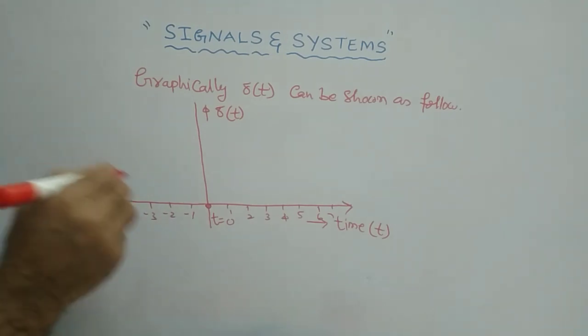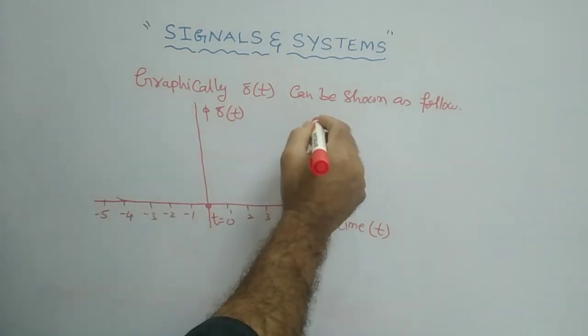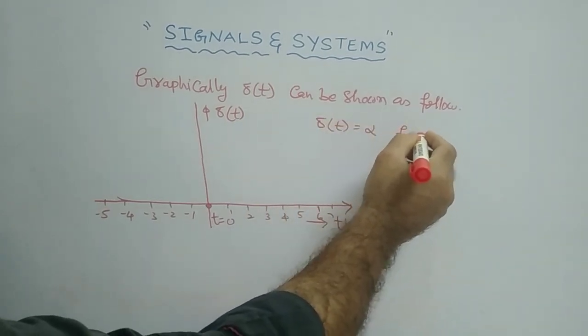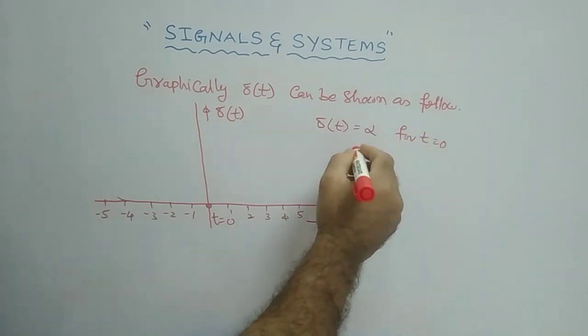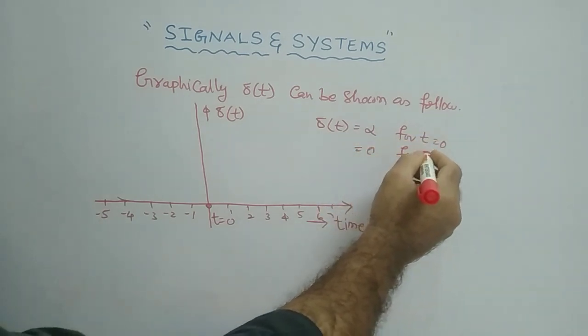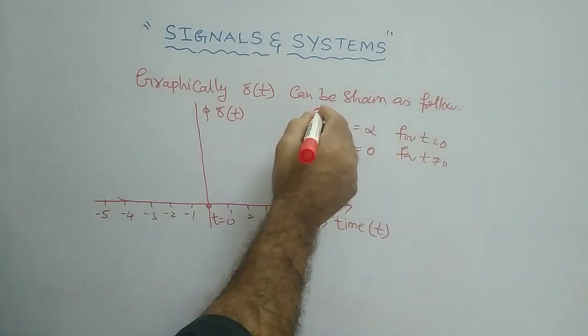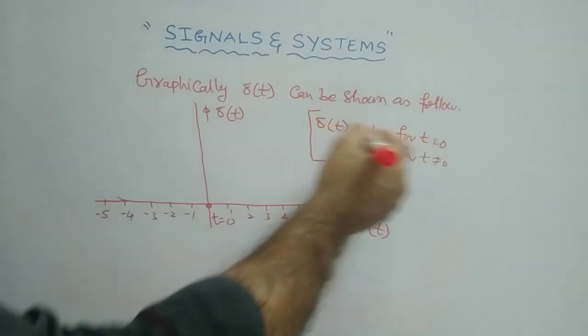If you consider delta of t equal to infinity for t equal to 0 and equal to 0 for t not equal to 0, this is the actual definition of the impulse function.